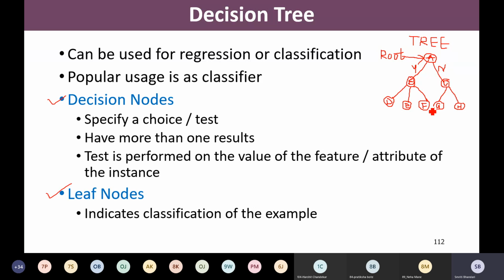They store the class label. Beginning from the root node, we go on performing the tests and ultimately we reach one of the leaves, and that leaf contains the class label, and this is how we classify the sample, right?